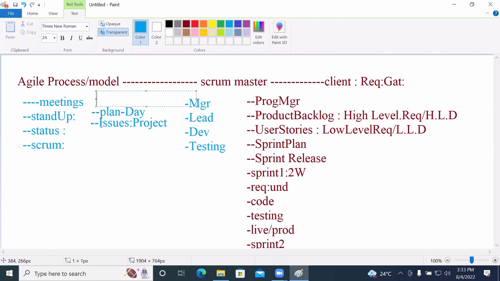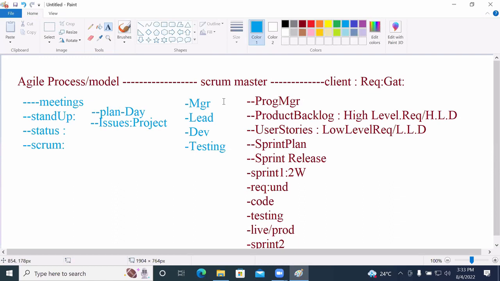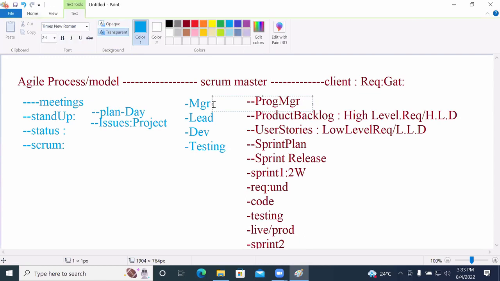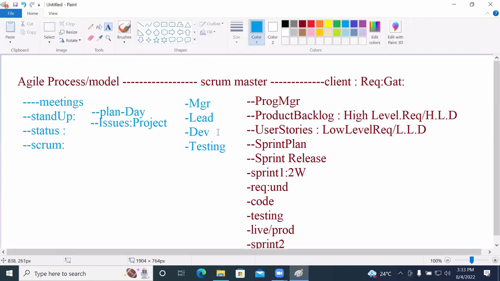You may have a doubt why the terminology is stand-up. Very simple reason. Who are the people available in the stand-up meeting? Manager, lead, development team, testing team. Imagine in real time, these many people going to a conference room to attend the meeting.